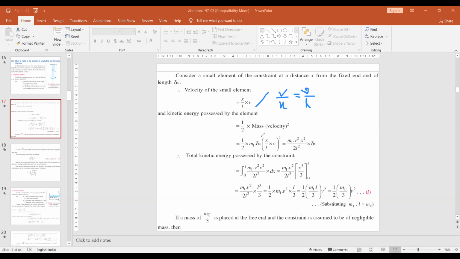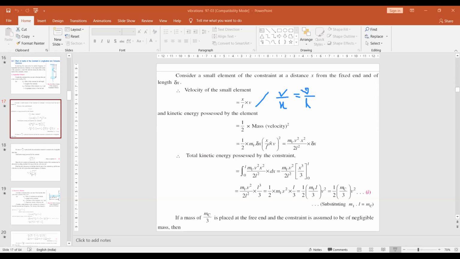So in this, what is the mass value? The mass is the small element. Small element consideration, so half into mass, the small m1 into delta x. Why? Because from the strip point of view, the strip mass is the small m1 and its length is delta x. Generally we take m1 l, but here we only consider it as the small element mass.